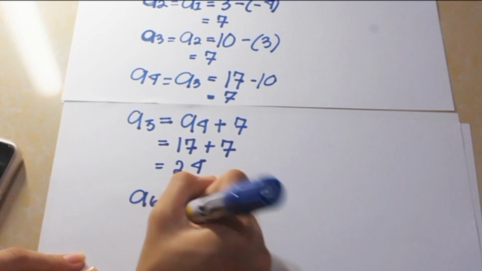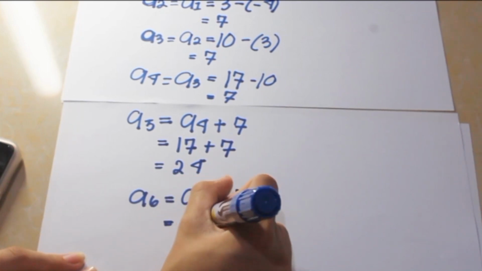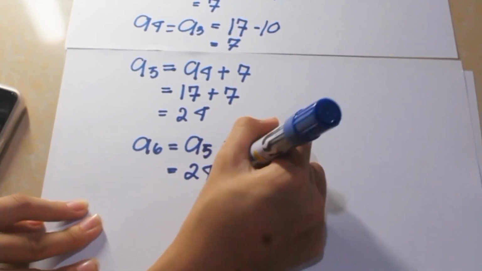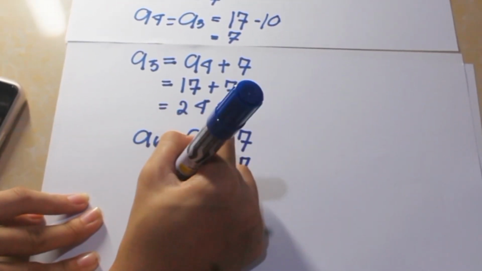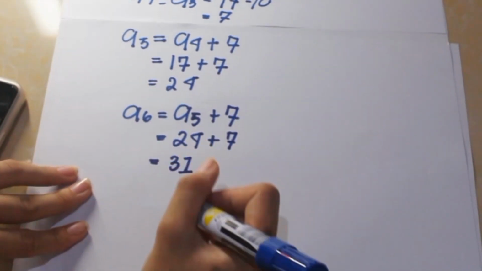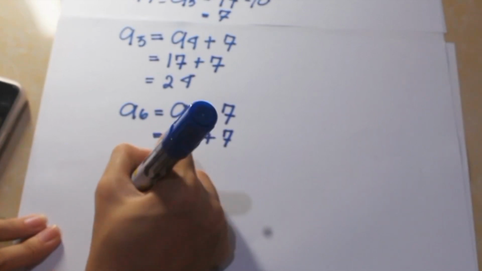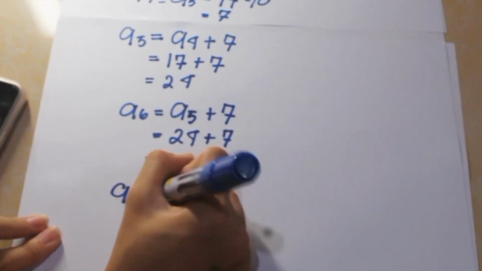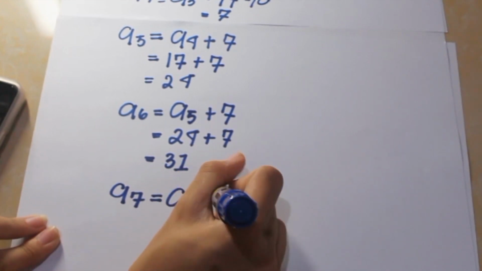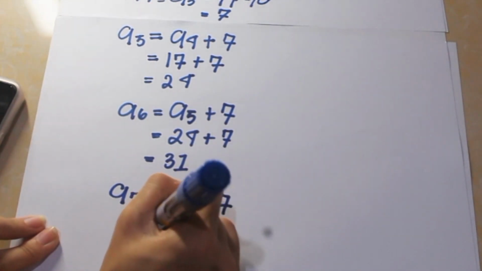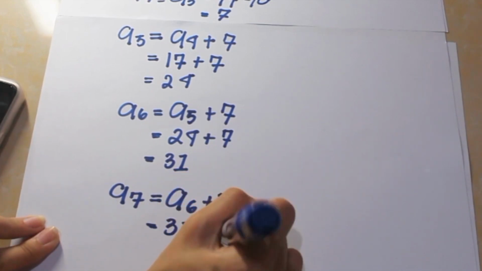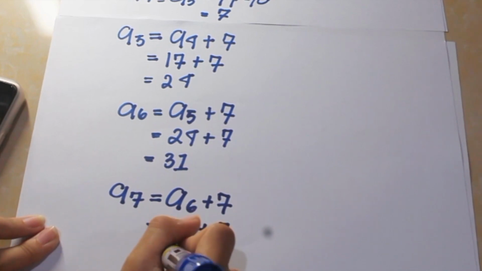The sixth term, a sub 6, is obtained by adding 7 to the fifth term, a sub 5. a sub 6 equals a sub 5 plus 7 equals 24 plus 7 equals 31. Finally, the seventh term, a sub 7, can be calculated by adding 7 to the sixth term, a sub 6. a sub 7 equals a sub 6 plus 7 equals 31 plus 7 equals 38.